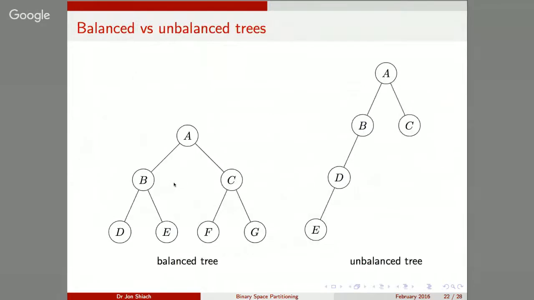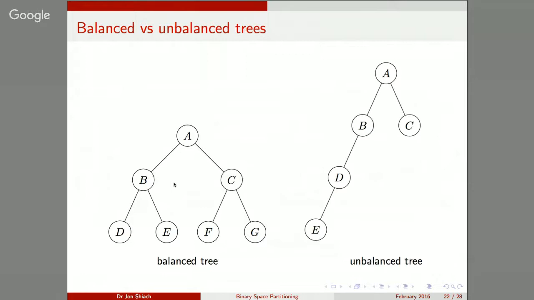Okay. Balanced versus unbalanced. Well, that means whether there's an equal number of nodes in the left branches and the right branches. So on the left, we have a balanced tree. Okay, each parent node has got 2 child nodes. And on the right, we have unbalanced.